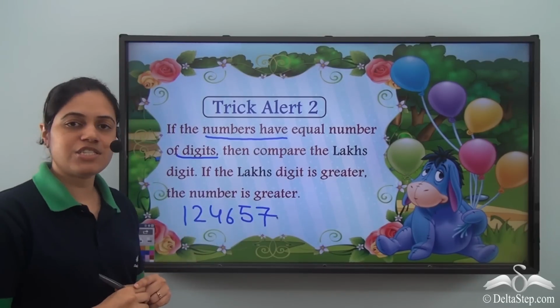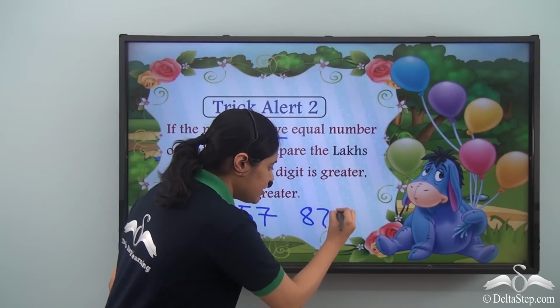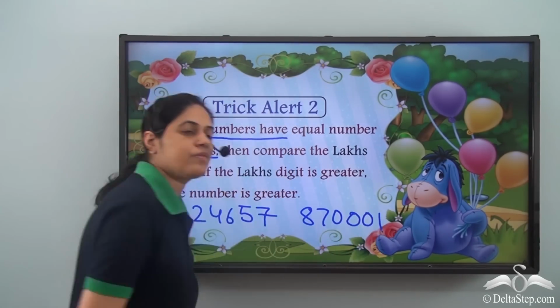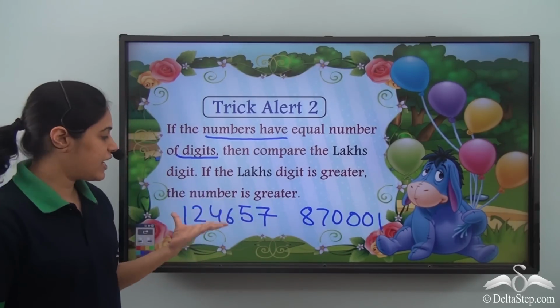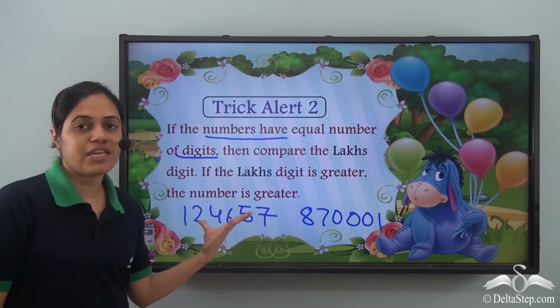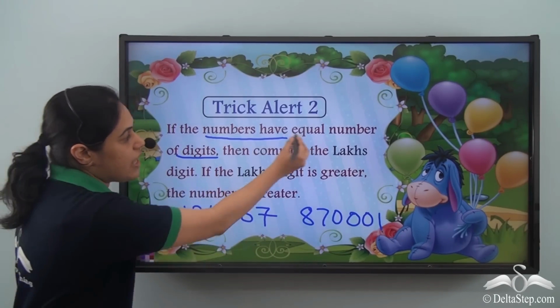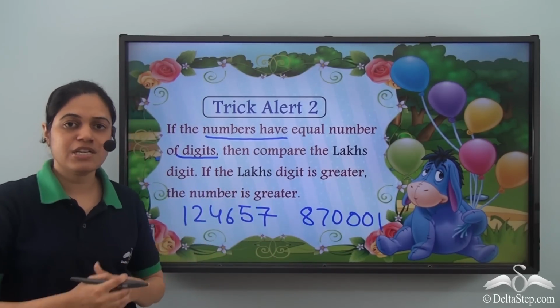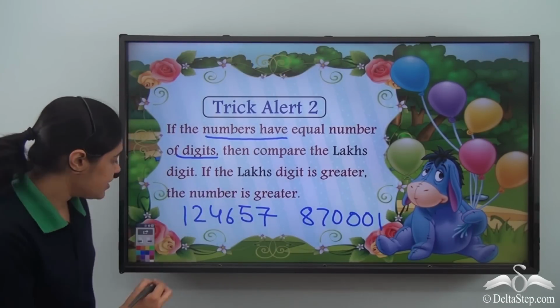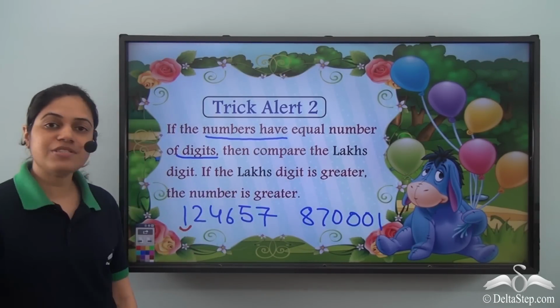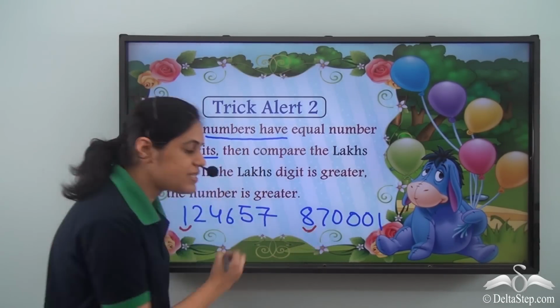Now this is one 6-digit number. Let me take another 6-digit number. These are two 6-digit numbers. If I count the number of digits, the number of digits are the same. So what do I do? The next step is to compare the lakhs digit. The lakhs digit in this number is 1 and in this number it is 8.